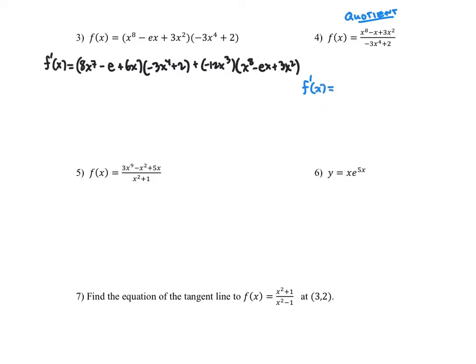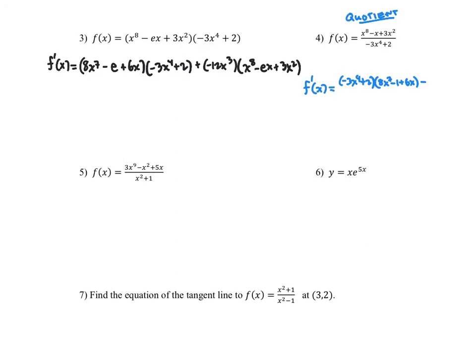Okay, so we're going to take the low function, negative 3x to the 4th plus 2, times the derivative of the high function, which is 8x to the 7th minus 1 plus 6x, minus the upper function times the derivative of the low function, which would be negative 12x cubed.